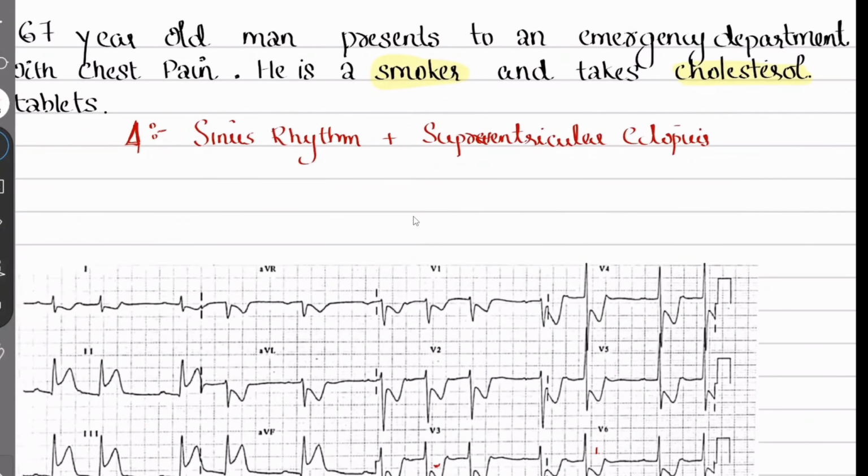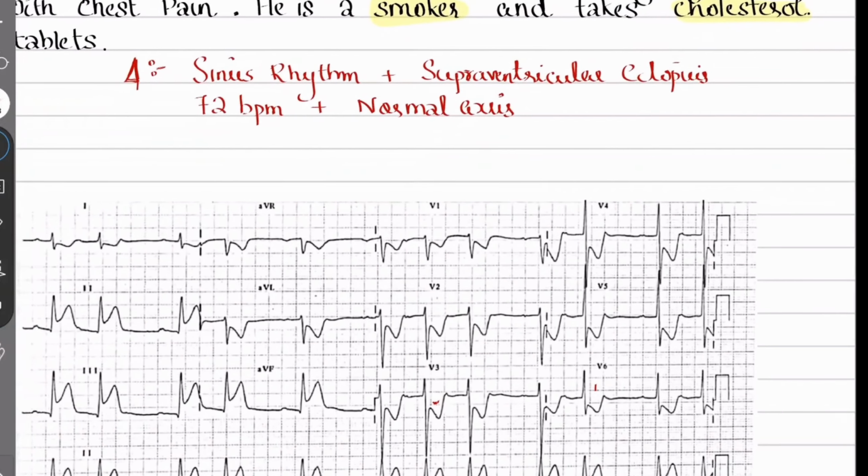The ECG is at 72 beats per minute with normal axis. Okay. So this is the final diagnosis or interpretation that we reached.